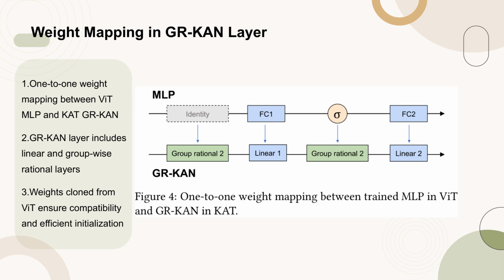For the rational layers within GRKAN, the first layer is initialized to function as an identity, while the second layer is configured to approximate the nonlinear function used in the original MLP. This method ensures that all weights in the GRKAN layer can be cloned from the ViT model, facilitating compatibility and efficient initialization of the KAT model.